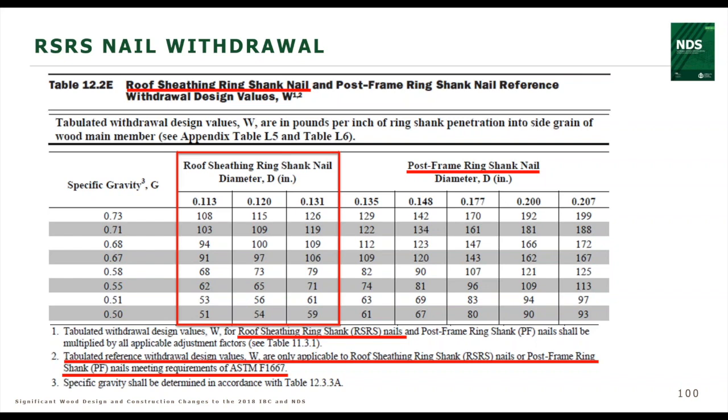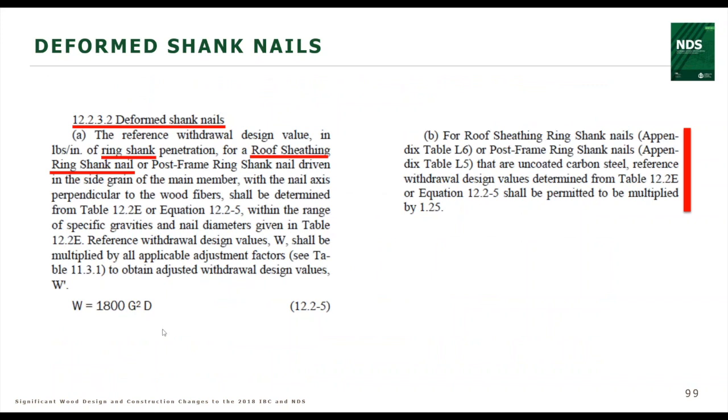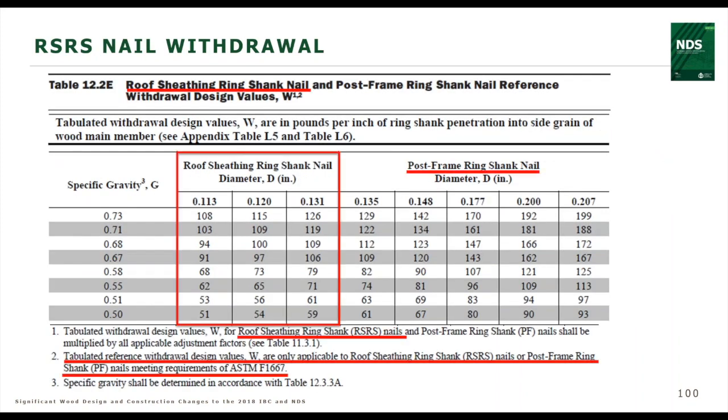And you'll see, sorry, let me jump back here real quick. So you'll see that they do have their own withdrawal equation 12.2-5 here. That's for, again, only the ASTM standard nails. But if they meet that ASTM standard, you can use this withdrawal equation, which gives us, again, some greatly increased withdrawal resistance over a smooth shank fastener.